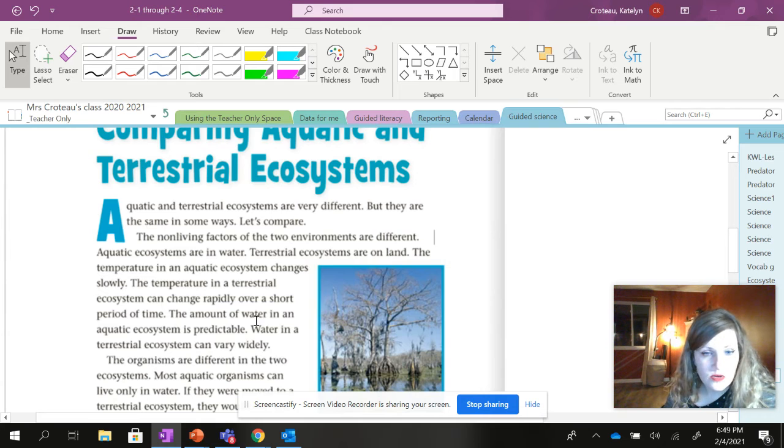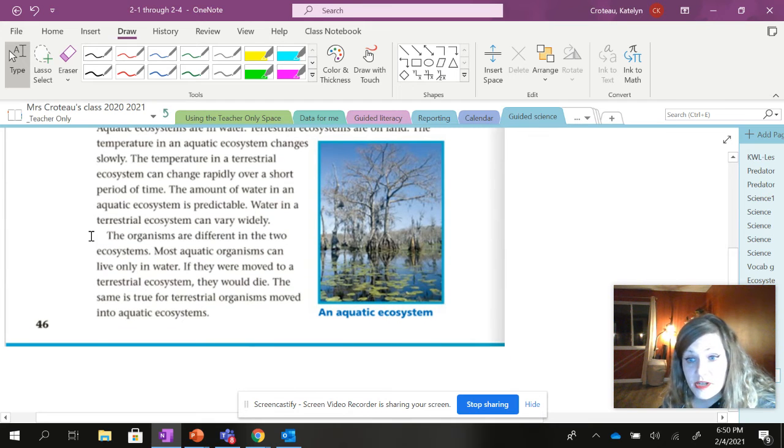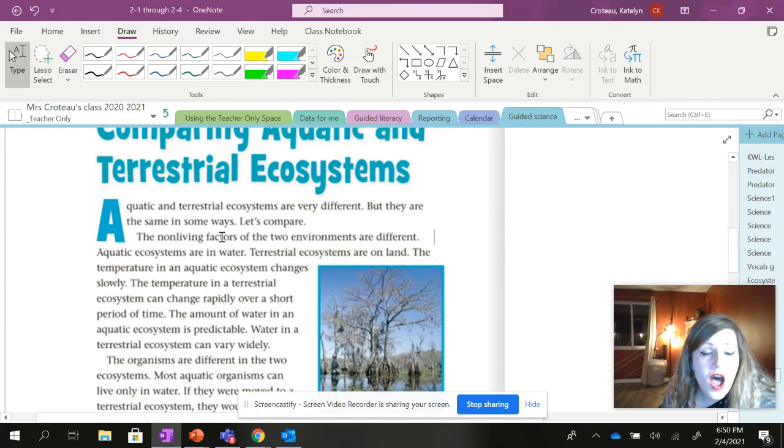Versus water in a terrestrial ecosystem can vary widely. So from one ecosystem to another, vastly different, and it might change quite a bit depending on the time of year, depending on flooding, this and that. Harder to predict. So I heard a lot of differences in this paragraph.